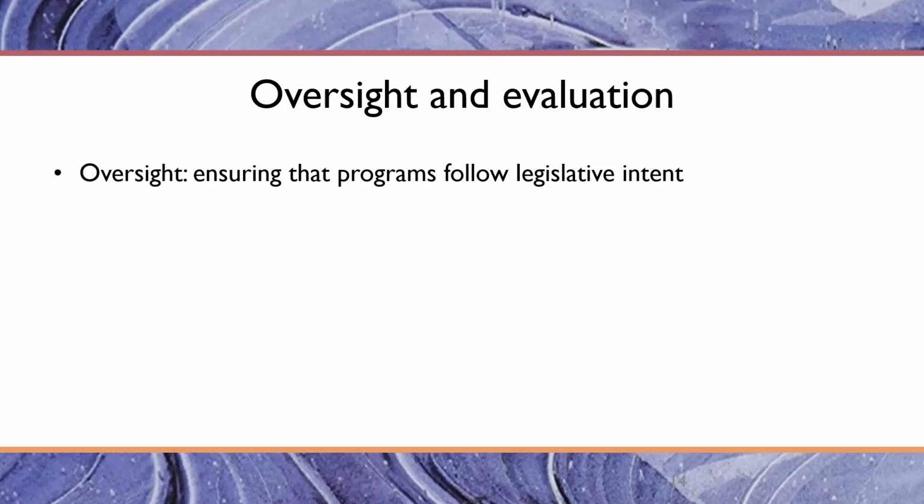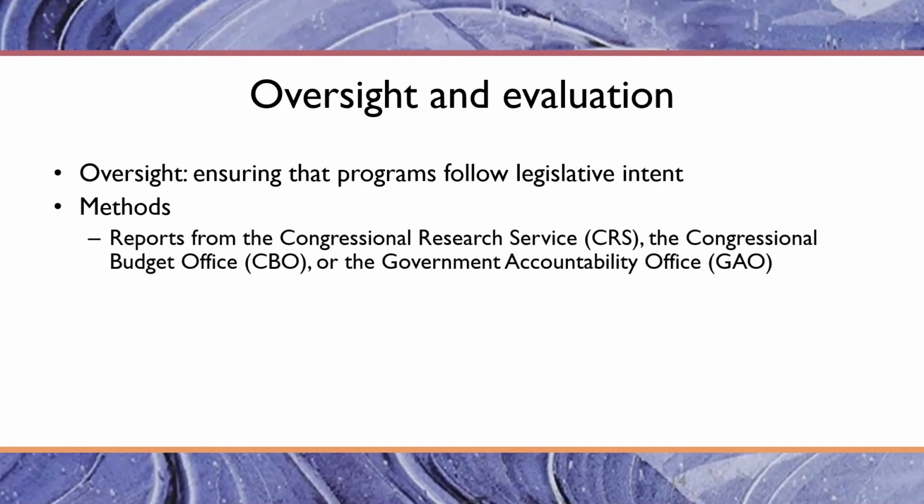So the legislative branch wants to be sure that the executive branch is doing what the legislative branch tasked them with doing in legislation. And the methods that Congress uses to engage in oversight includes commissioning reports from the Congressional Research Service or the Congressional Budget Office or the Government Accountability Office to see how policies work.